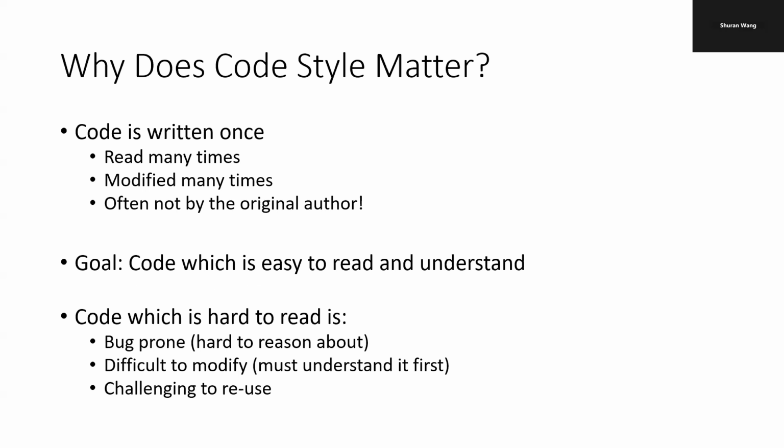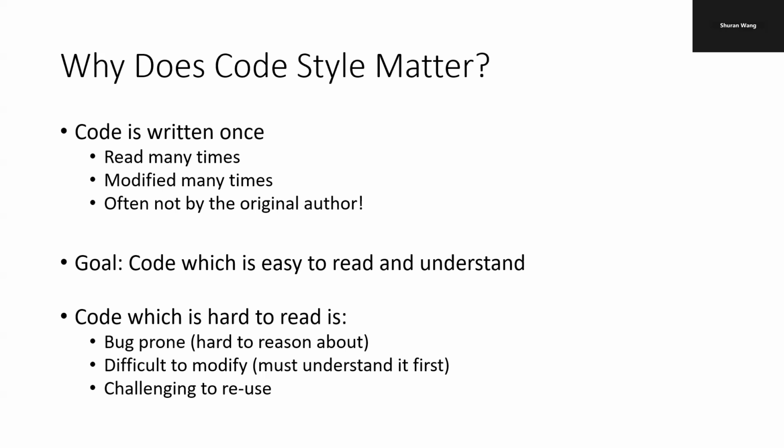Therefore, your code needs to be maintainable, and often not by the original author. And even if it is by the original author, you will likely not remember what you did when you first wrote the code, after you have written a lot of other code in the same project as the project gets larger and larger.